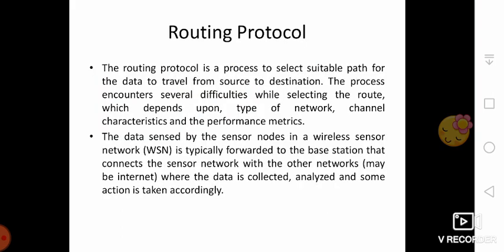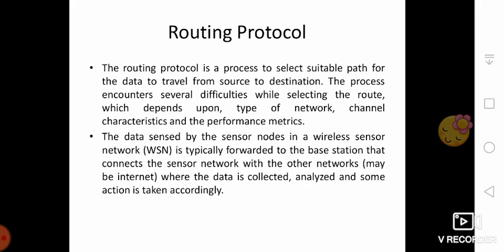So routing protocol is a process to select suitable path for the data to travel from source to destination. The process encounters several difficulties while selecting the route, which depend upon the type of network, channel characteristics, and the performance metrics.